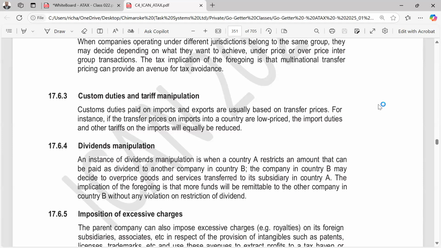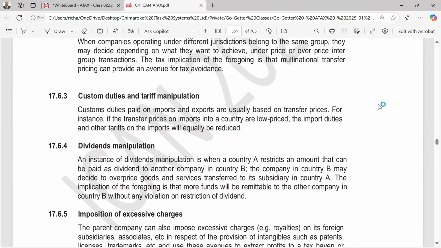So if there's something that's supposed to cost 1 million and you are charging it at 700,000, the customs and tariff duties will be charged on what is on the invoice. And so this leads to something called tariff manipulation. So you have manipulated the tariff in Nigeria to ensure that they charge very low tariff by underpricing Nigeria imports.